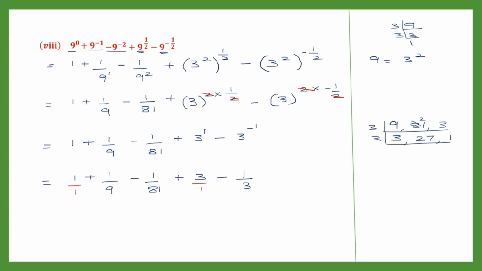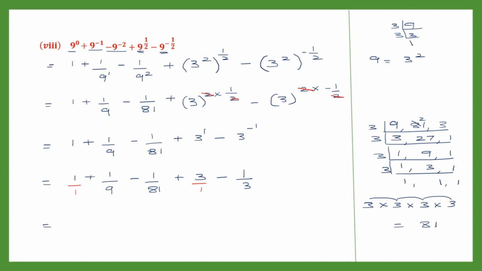Again 3 1s are 3, 3 9s are 27. 1 again, then 3 1s are 3, 3 3s are 9. Continue, 3, 1, 1 and 1. So the LCM will be 3 into 3 into 3 into 3. 3 3s are 9, 9 3s are 27, 27 3s are 81. So here our LCM is 81.